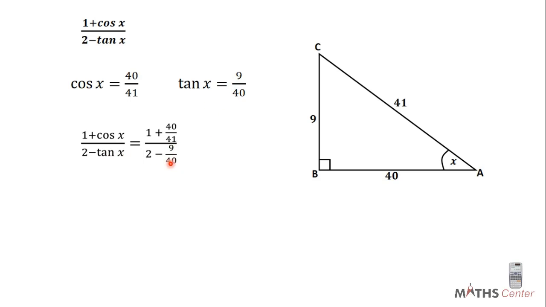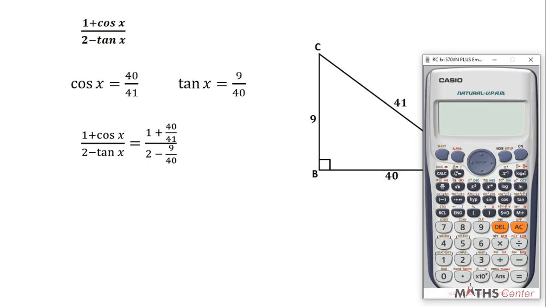Here we need to find the numerator, then we find the denominator. So the numerator is 1 plus 40 divided by 41, and this will give us 81 divided by 41. So the numerator is 81 divided by 41.